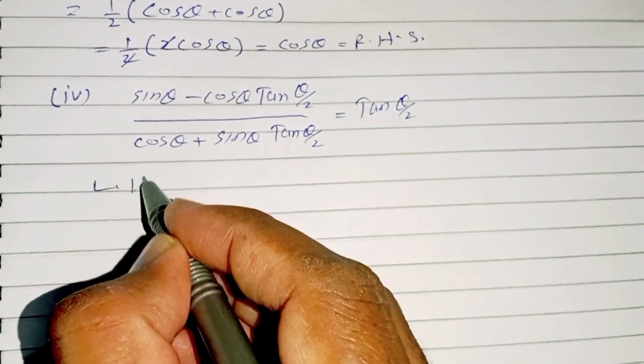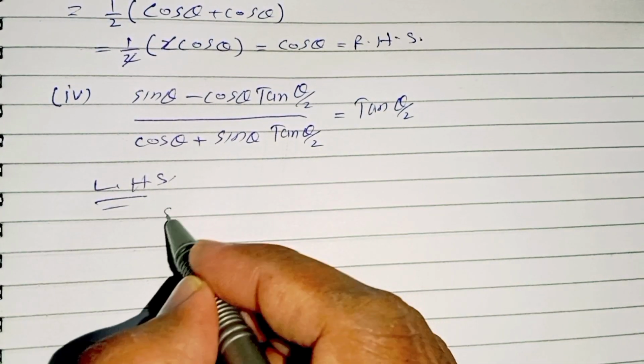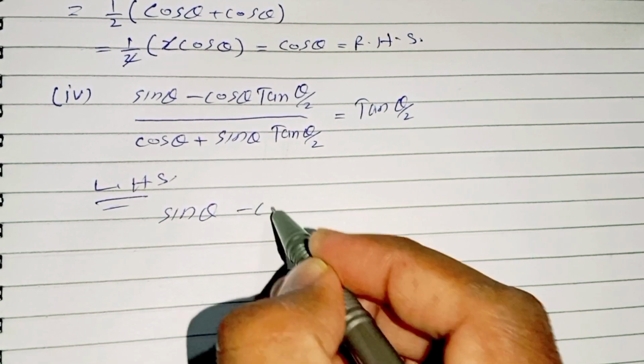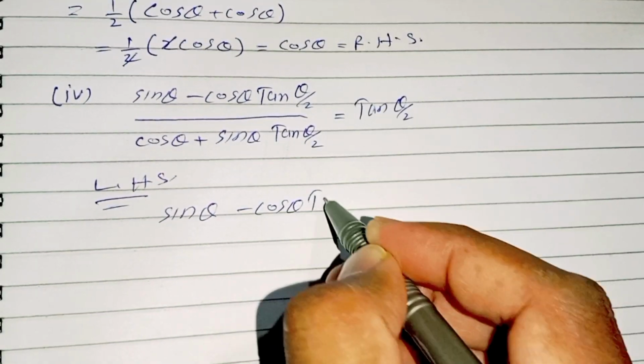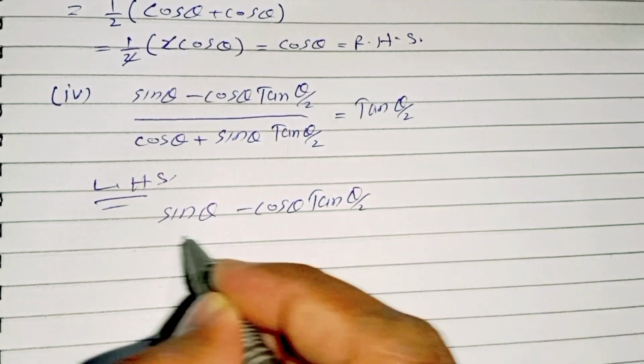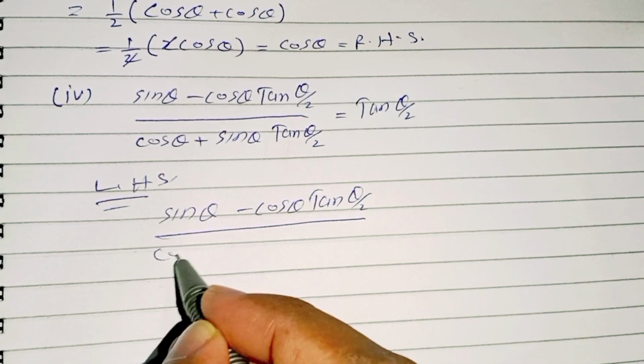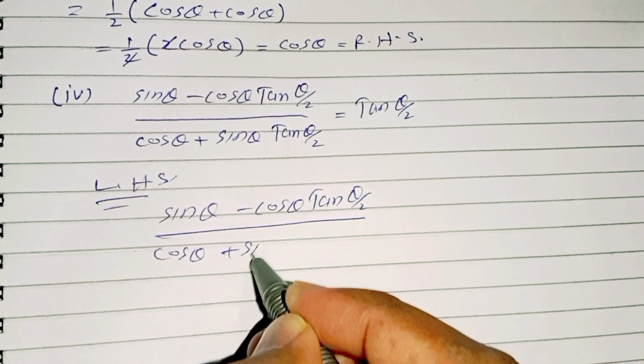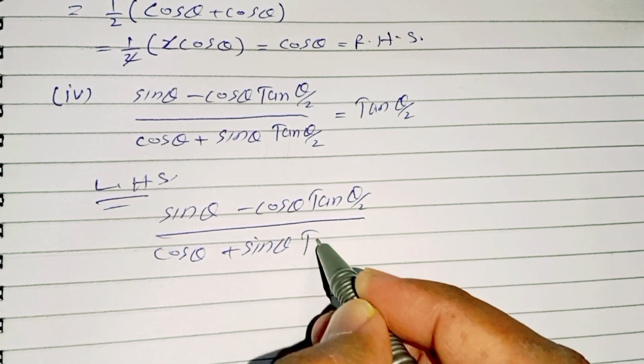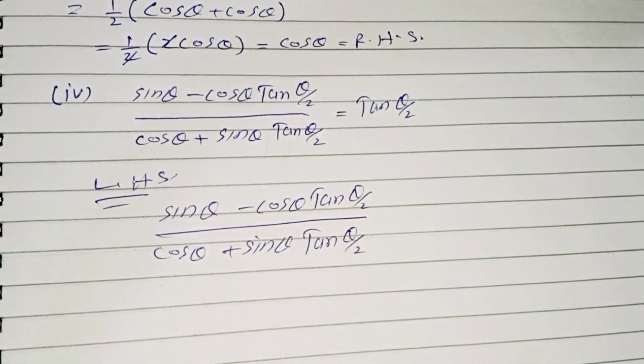Taking left hand side, (sin theta minus cos theta tan theta by 2) divided by (cos theta plus sin theta tan theta by 2).